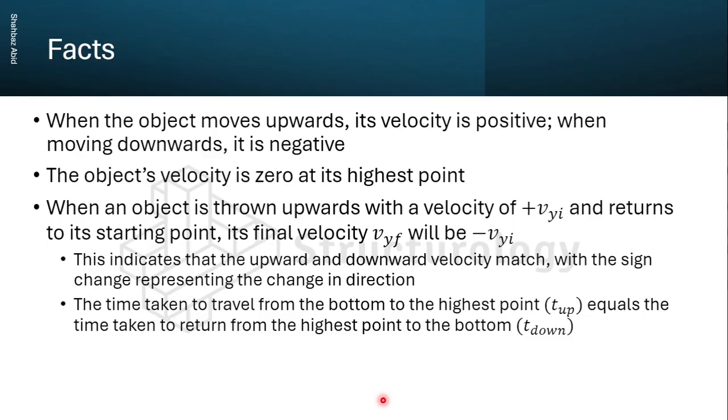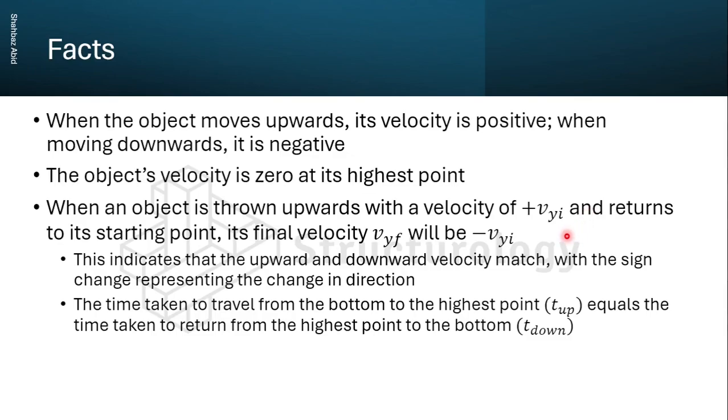There are some facts related to the free fall condition. When the object is moving upwards, the velocity is positive. When it is moving downward, it is negative. When the object reaches the highest point, the velocity at that instant is equal to 0.